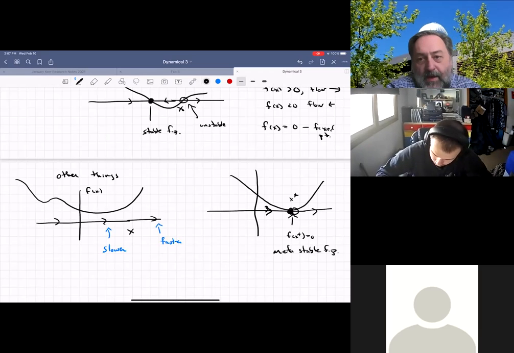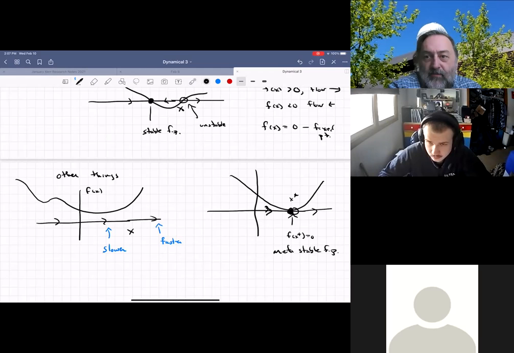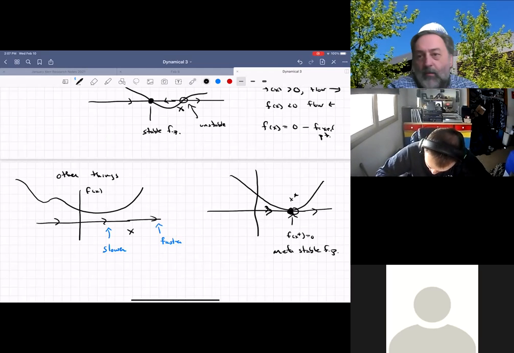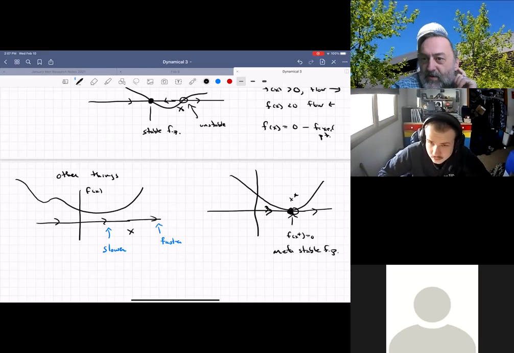It's a fixed point that is basically half stable, right? If I start at any initial value from the left, I'll move towards the right. If I start at any initial value to the right, I'll still move to the right. So I'm moving away from the fixed point on one side and towards the fixed point on the other side. So it's like a half stable fixed point.